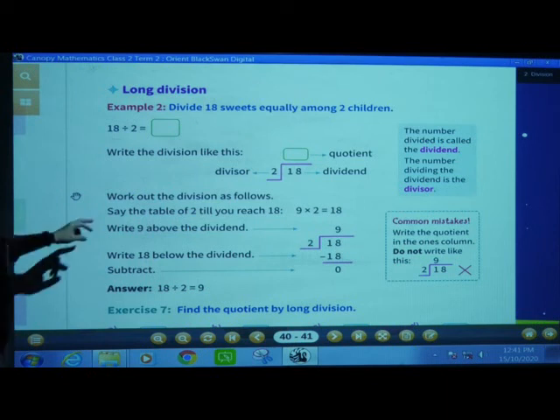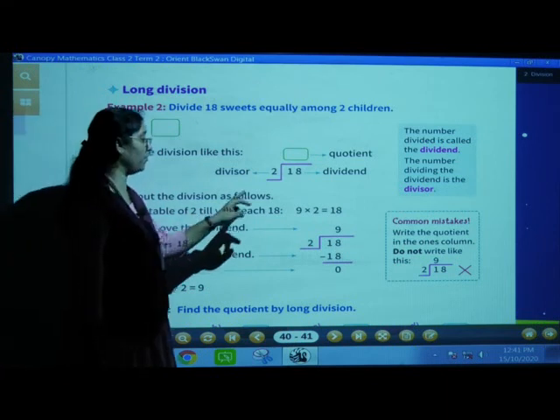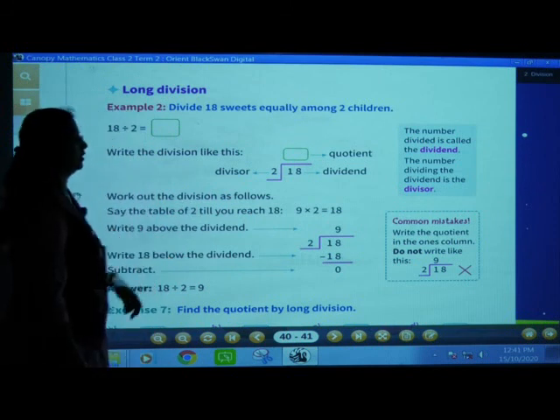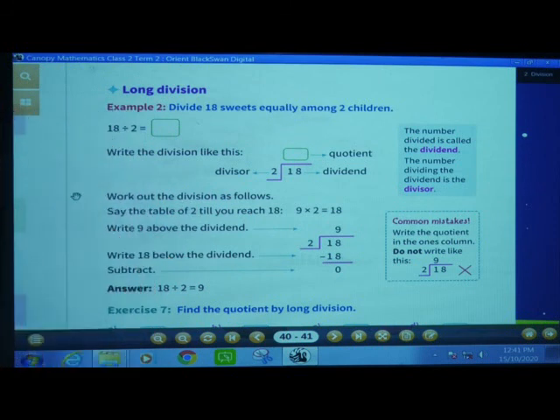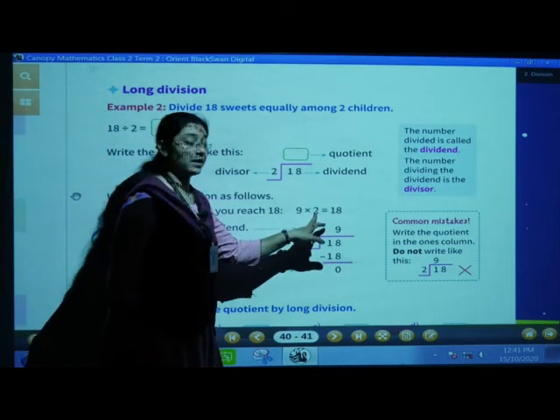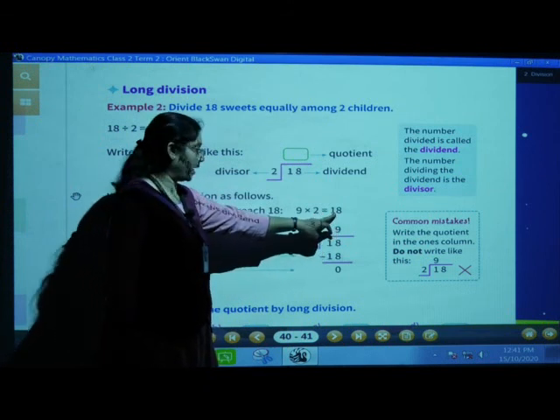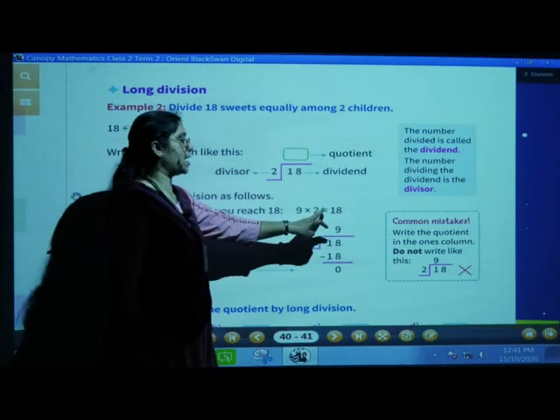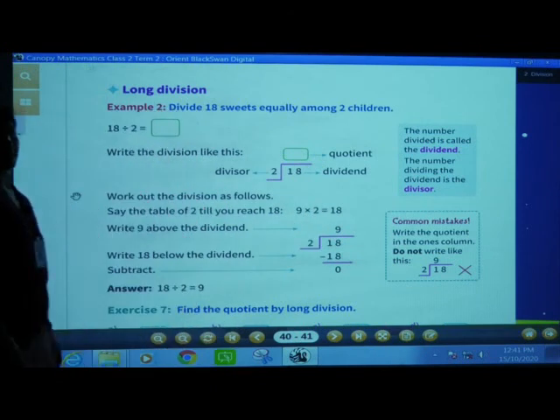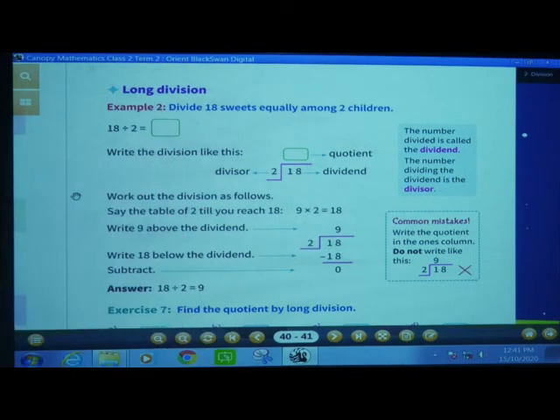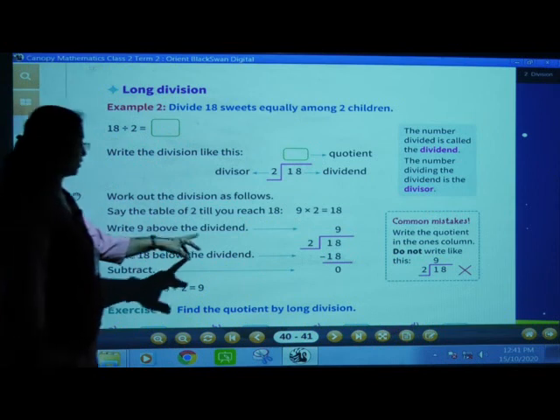We have to say table of 2 till we reach 18. 9 times 2 is equal to 18, means 2 9s are 18.